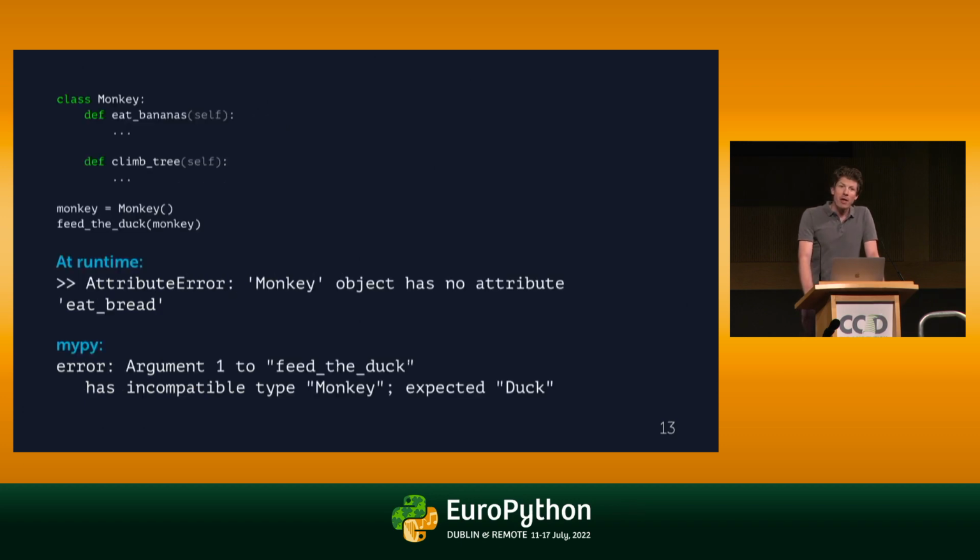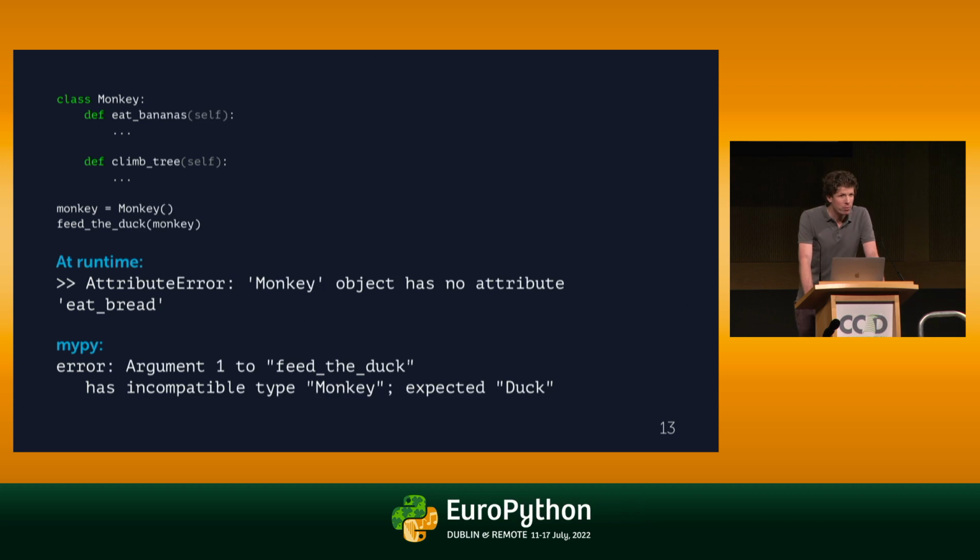Now then, if we have a Monkey that can eat bananas and climb a tree, and we try to use this feed_the_duck function on the monkey, we'll get an attribute error saying that the monkey object doesn't have any attribute called eat_bread. Well, that's correct, but that's at runtime.